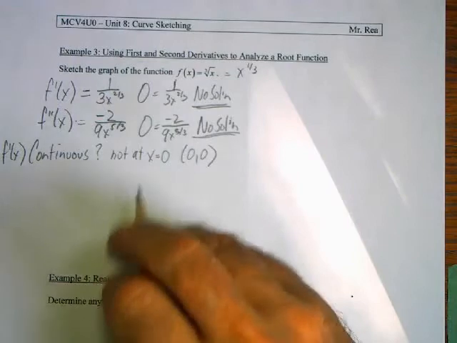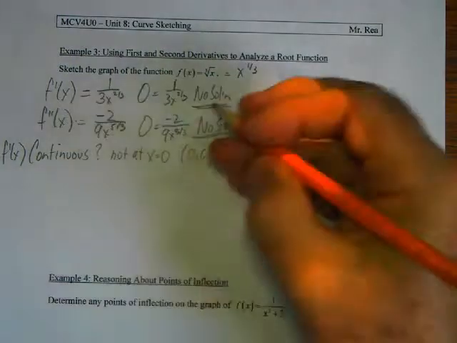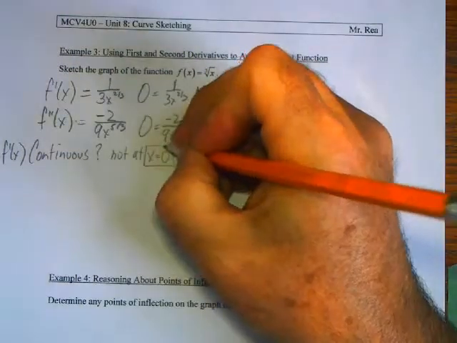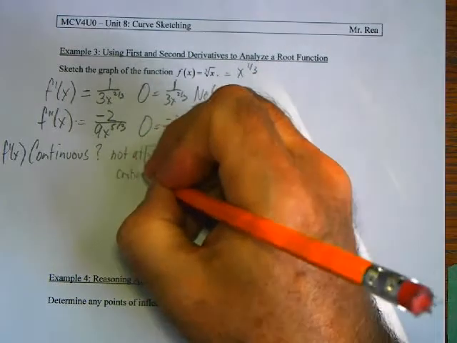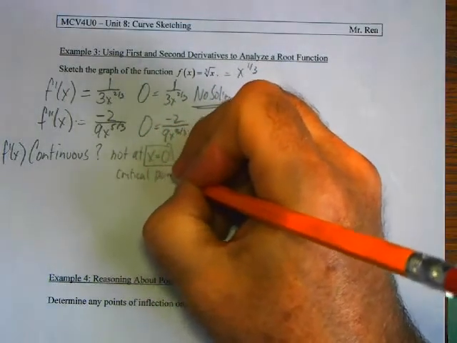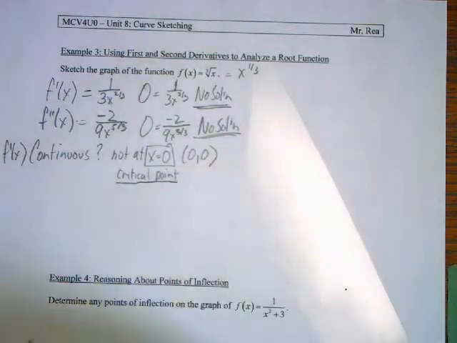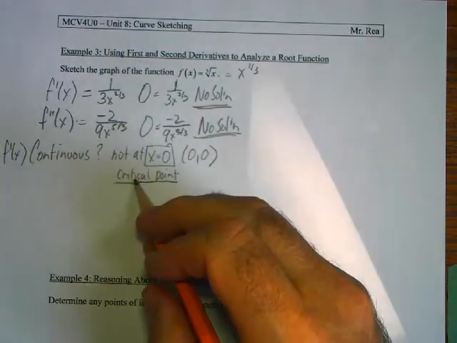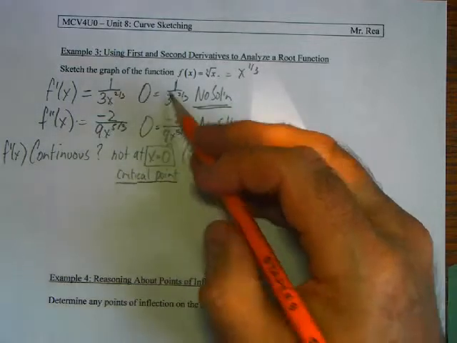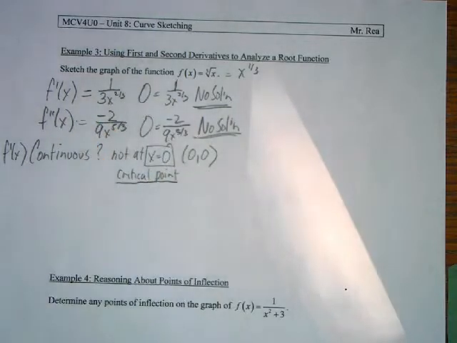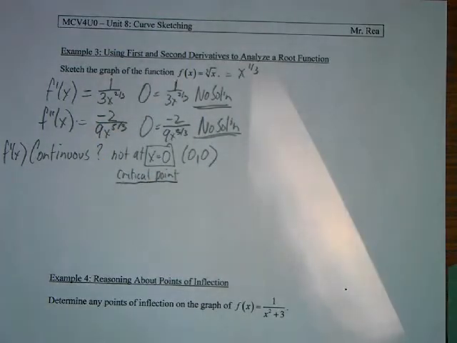So what's going on at this point? Well, this is a critical point. Like I said, we have expanded our definition of critical points. We also have to include any points of discontinuity, as well as any values of x where the first derivative is 0.